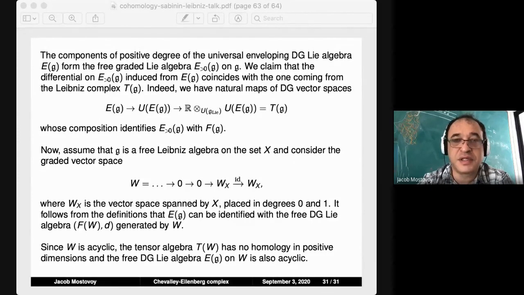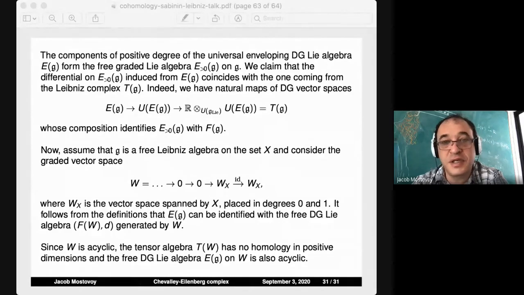Now this is the smaller DG Lie algebra. The universal DG Lie algebra is defined here. You take a free Lie algebra, you take the differential graded vector space with G in degree 0 and G in degree 1, and you take a free differential graded Lie algebra on that.